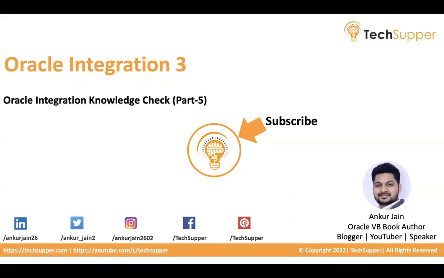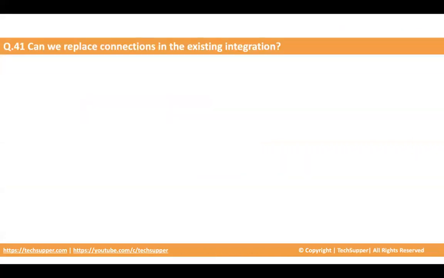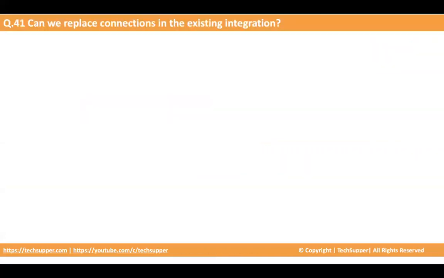Now, let's get started. The next question is, can we replace connections in the existing integration? For example, if we have our integration ABC, and in that ABC integration, we have used one connection of REST type, and the connection name is REST1.